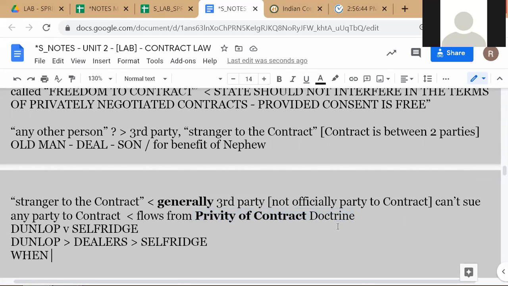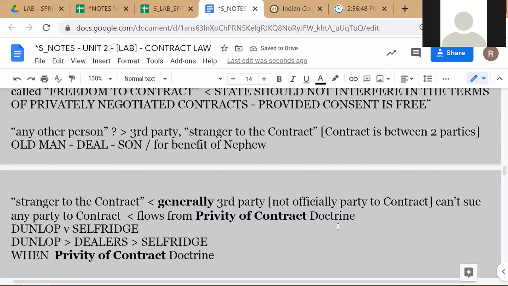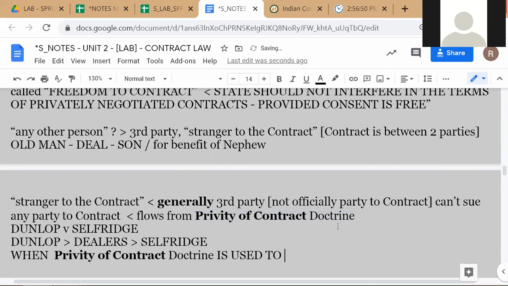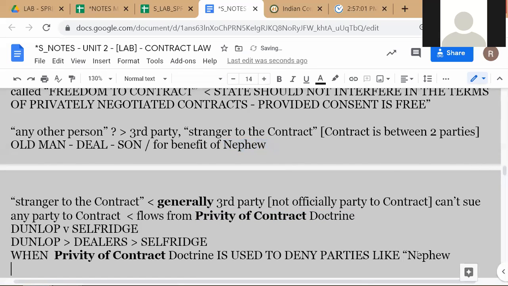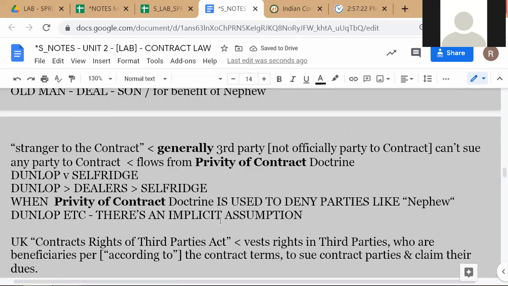When the privity of contract doctrine is used to deny parties like this nephew, and Dunlop, there's an implicit assumption.